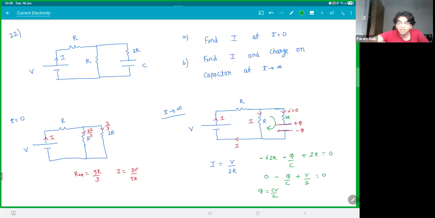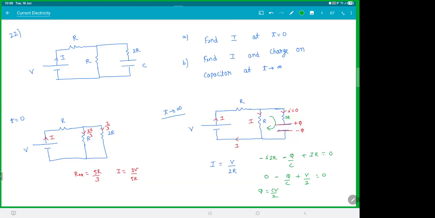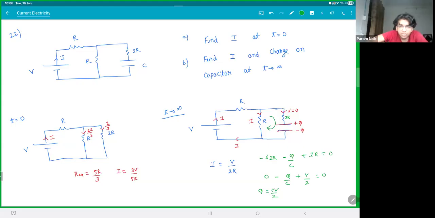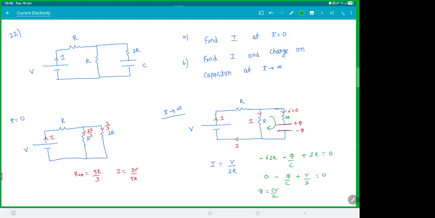But can we also say that the change in V, like initially it was V by 2R, then it became 0, so CV times the change is the charge that is accumulated? That logic won't work. Like initially, what was the potential difference? Initially it was zero current. Okay, initially 0.